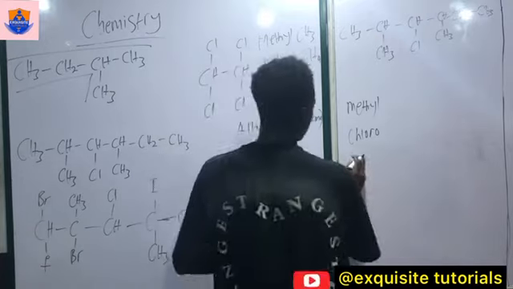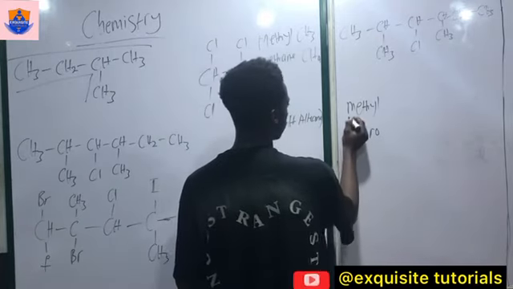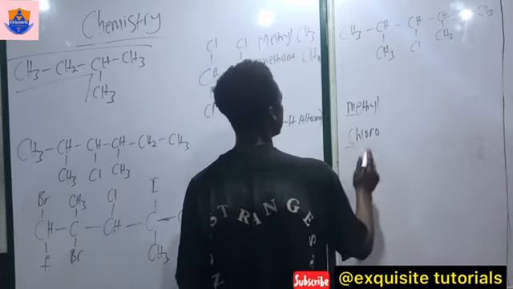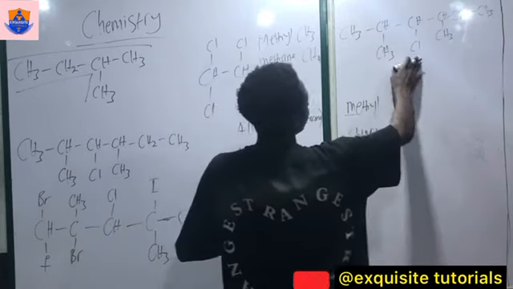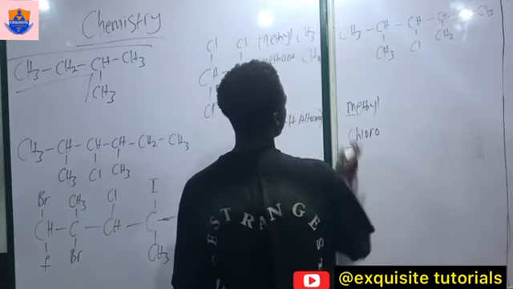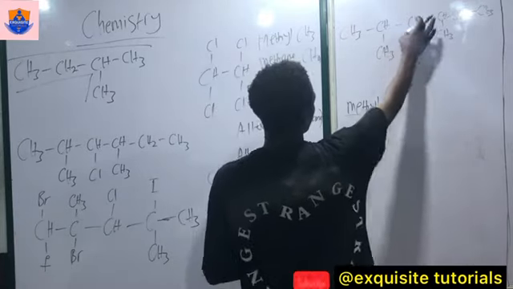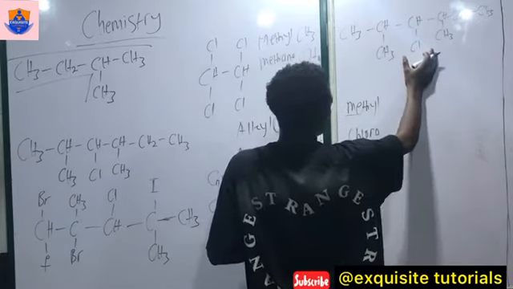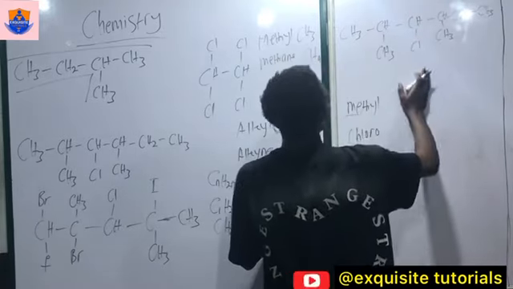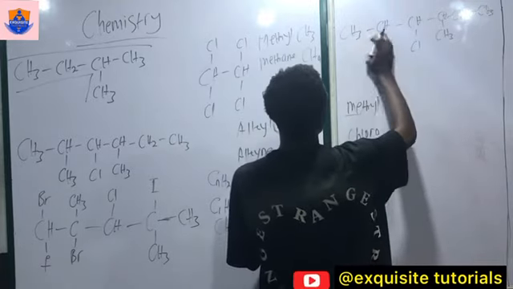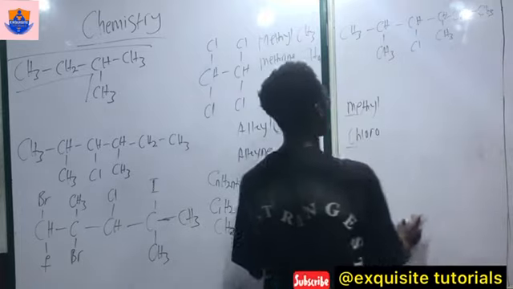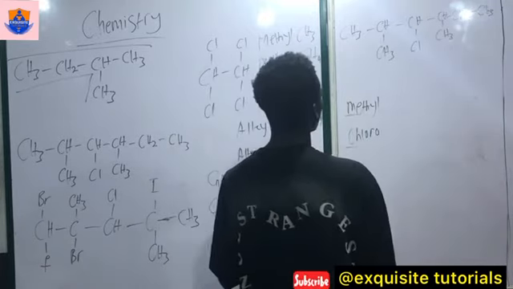We give preference to the side that has the least number between the methyl and the chloro, so we are giving preference to the chlorine. Let's count from the left side. We have 2 carbons to the carbon having the Cl. From the other side we have 3 carbons to the carbon having the Cl. So I'm naming it like this because we have the least number of carbons, rather than more carbons.